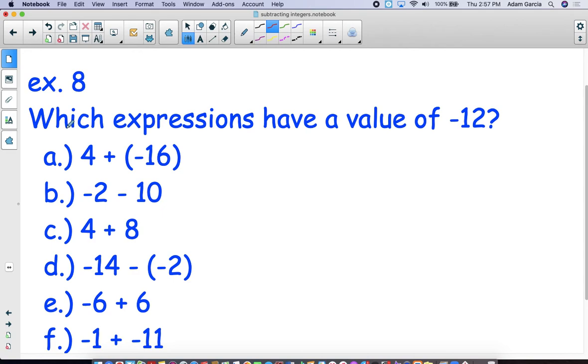You should probably be able to pick one of them out. There's actually a few that have a value of negative 12. Does somebody think they see one?